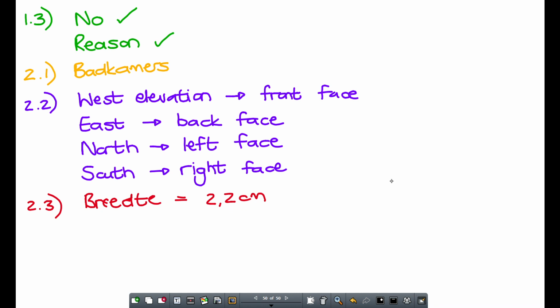Now that we first got to convert to real life, so we're going to multiply with a scale factor of 250, which is going to give me 550 centimeters. Maar hulle sê spesifiek gee al jou antwoorde in meter. So how do I convert that to meters? I'm going to divide by 100. Okay, so dit is dan 5.5 meters. Is julle reg daar? Okay, nou soek ek nog gou die lengte. Kan ek maar skip? Okay, the length.